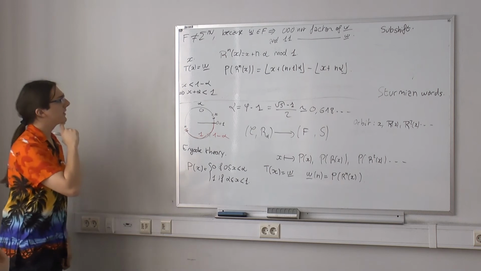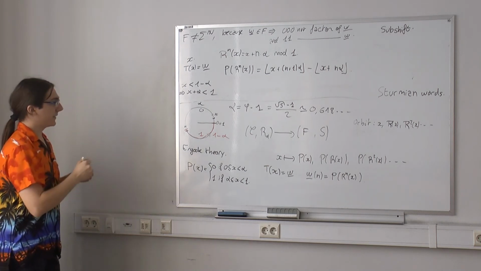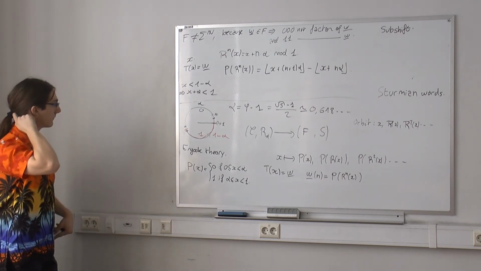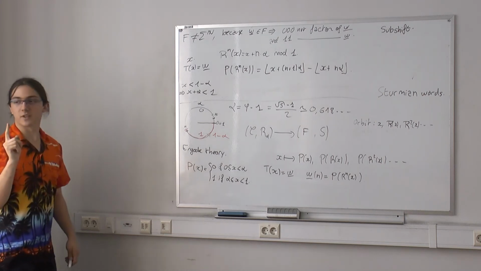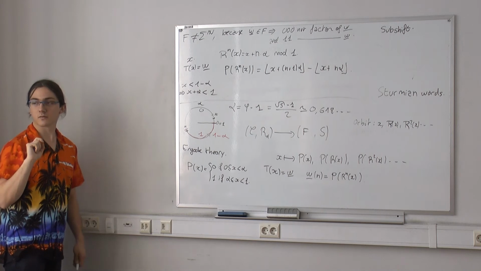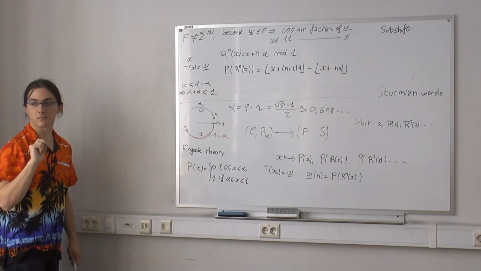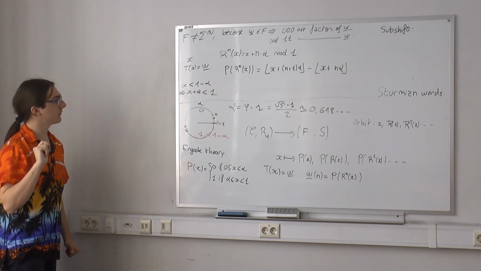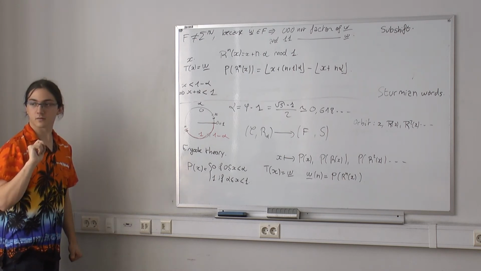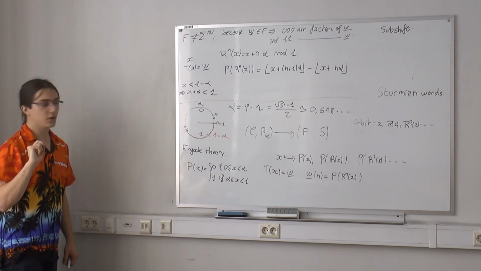So yes, geometrically it's not obvious. We have x less than alpha, not 1 minus alpha. 1 minus alpha is the length of the segment.